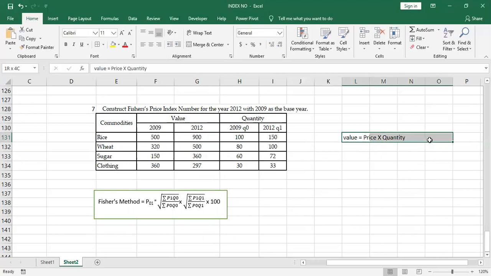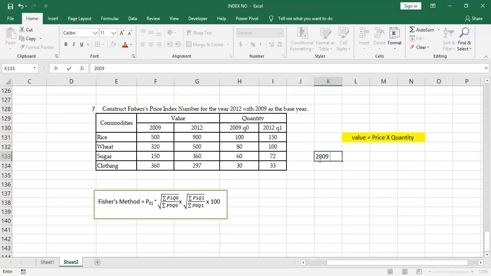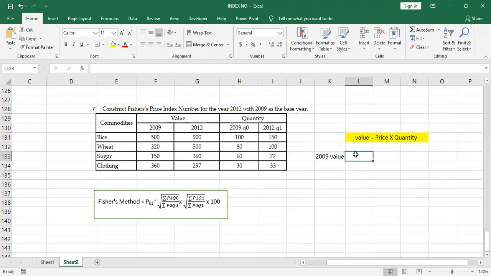What does the 2009 value talk about? The 2009 value is P0 into Q0, and the 2012 value means P1 into Q1.